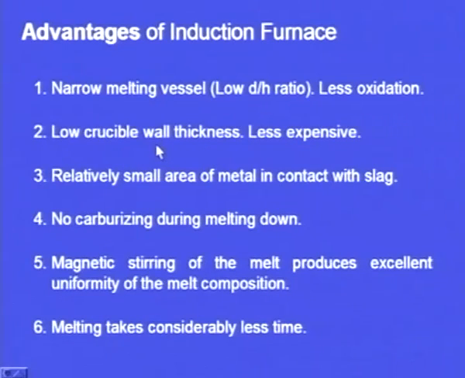Even the thickness of the crucible will be low, hence the cost of the crucible will be less, and relatively small area of metal is in contact with the slag. This is also because of the low diameter of the crucible. At times it becomes difficult to segregate the slag from the molten metal.